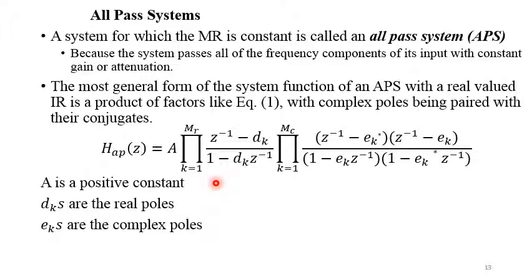Here A is a positive constant. dk's are the real poles, ek's are the complex poles.